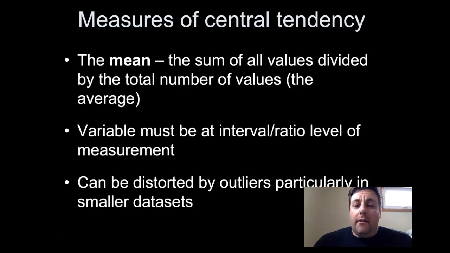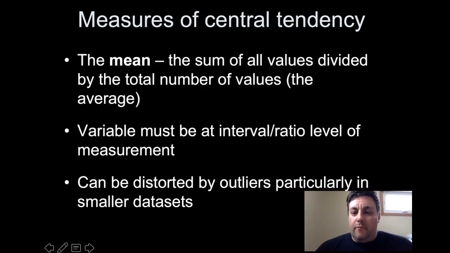So the mean is the third measure of central tendency. That's adding up all of the numbers and dividing by the total number of values. It's simply the average, something that most of us are probably familiar with. Mean can only be used when we have interval or ratio level data, and one of its disadvantages is it can be distorted by outliers.